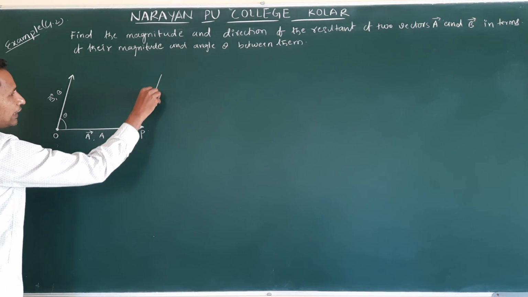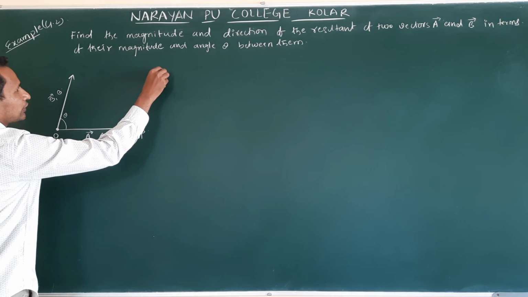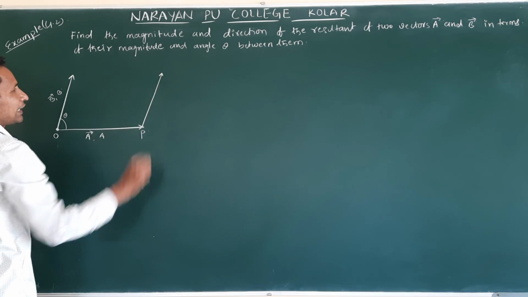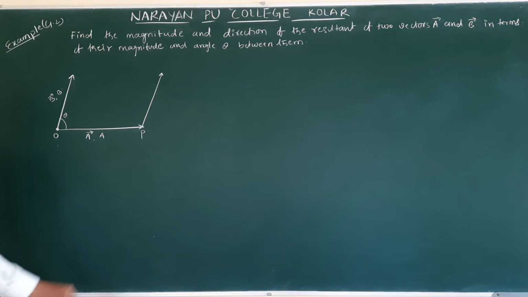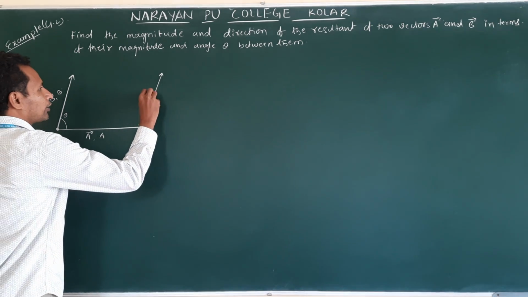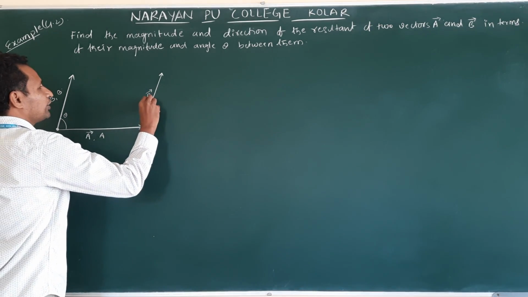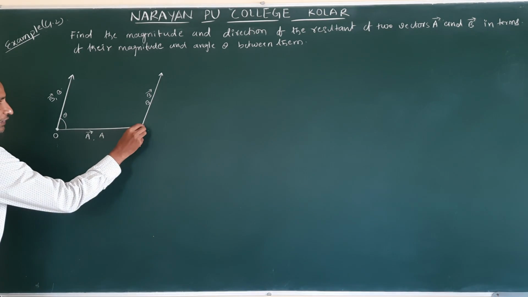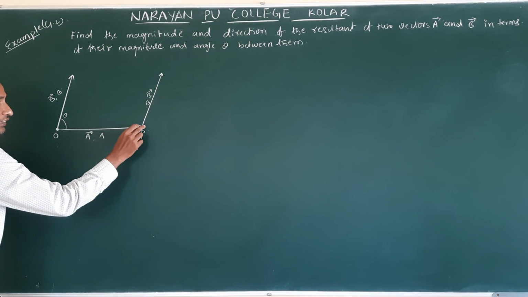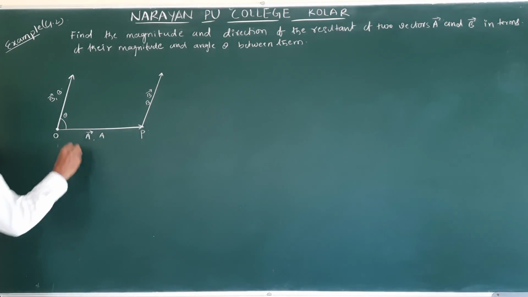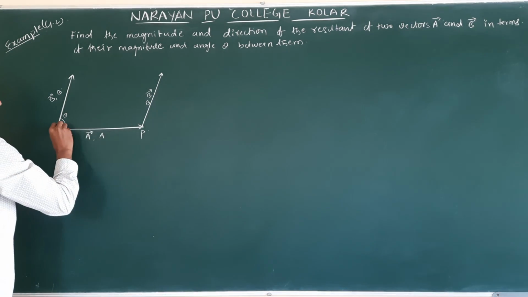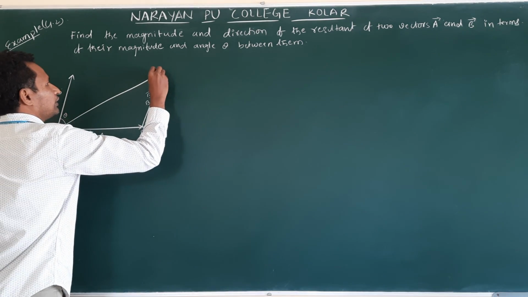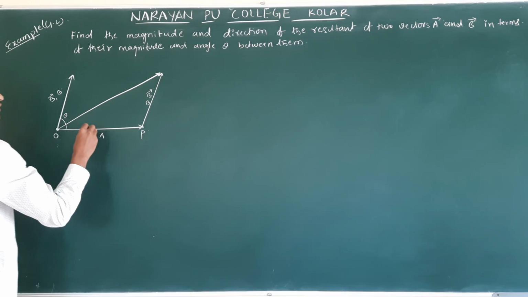Already I mentioned, sliding has no effect. The sliding will not affect the direction or magnitude. This is vector B, magnitude is B. Now by sliding, what happened? The tail of B is touching the head of A. Now this is the closing side.